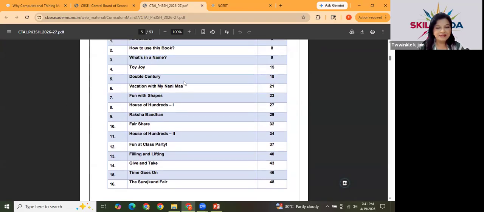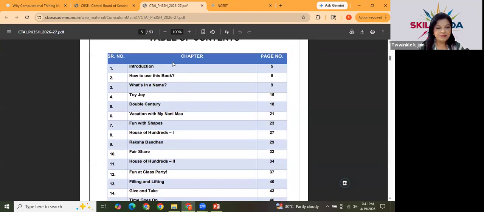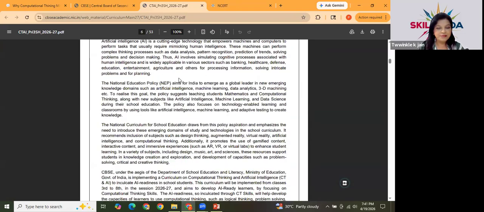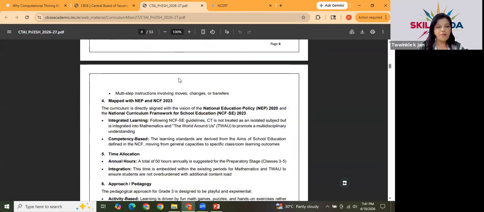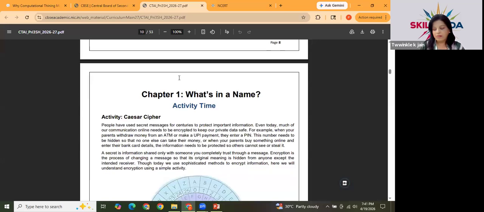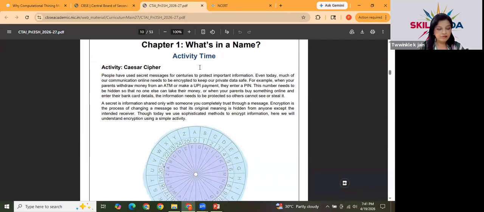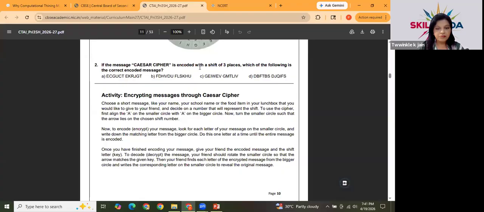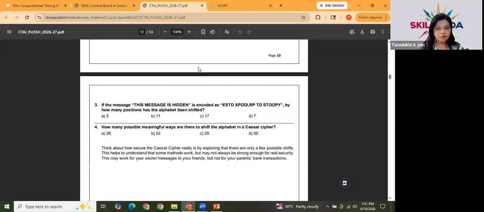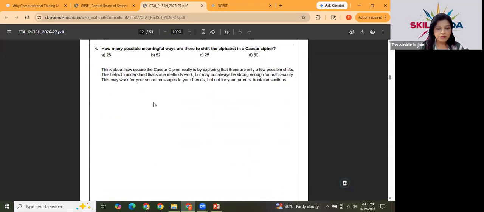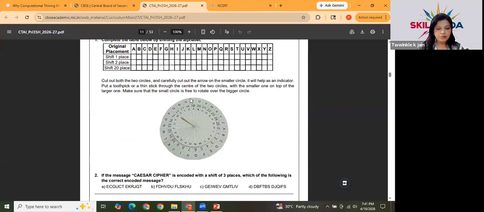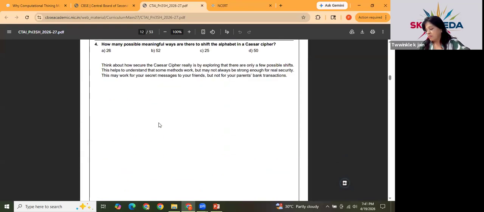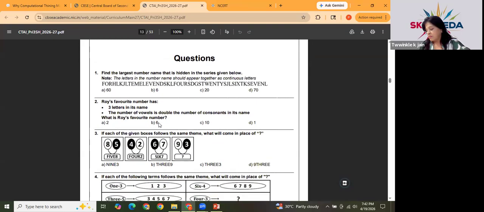And let's see the content inside, right? In this textbook, this is a student handbook which I showed you. How to use this book is all there. For each and every chapter, they have given a set of questionnaires which you can give as a worksheet. And for activities, they have given whatever prerequisites are required to conduct the activity, everything is given, like how you have to go about the spinning wheel experiment or the questions.